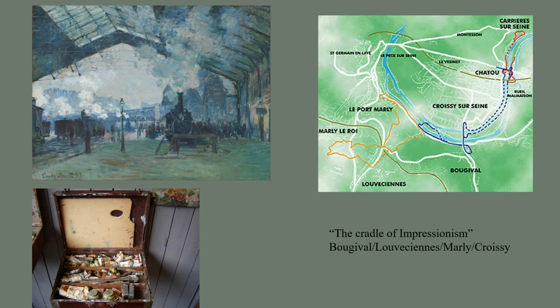Those wiggly yellow and dark blue and red lines on the map will give you a sense of how close everything is. These are recommended walking routes for tourists who want to explore the so-called cradle of Impressionism.